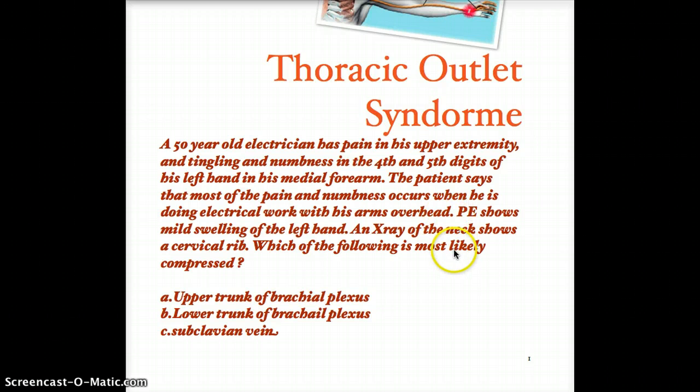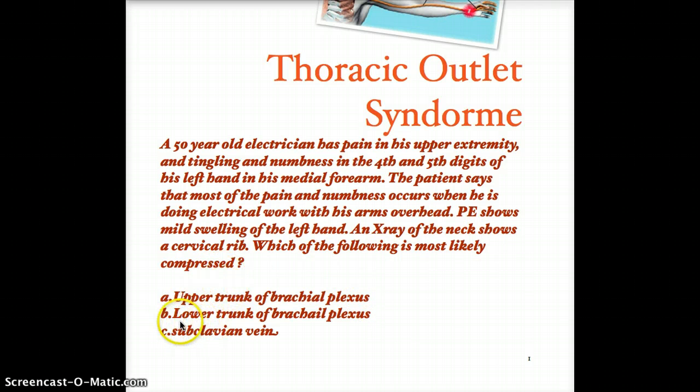So let's continue reading the question. Physical exam shows mild swelling of the left hand. Okay, that also corresponds to our thoracic outlet. I'm still thinking the same story. An X-ray of the neck shows a cervical rib. There you go. Voila. I am 100% sure by now that this is thoracic outlet. So which of the following is the most likely being compressed? It says upper trunk of brachial plexus. Usually that's not the most likely being compressed.